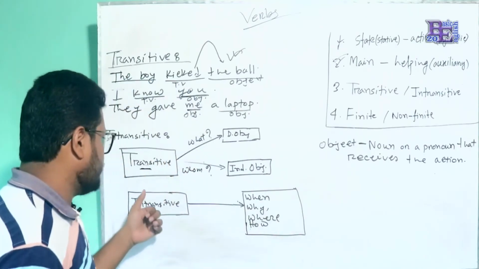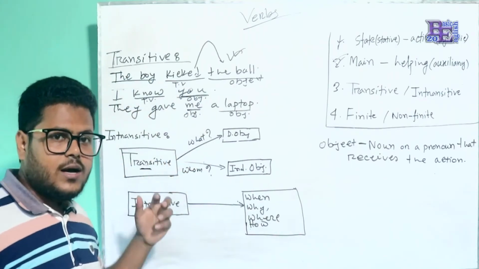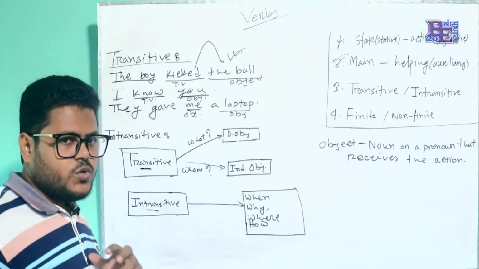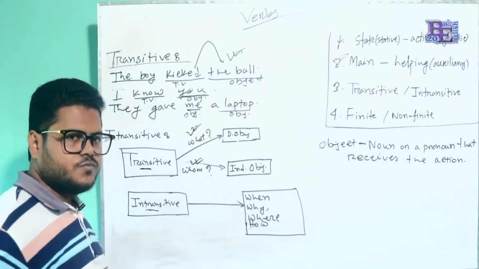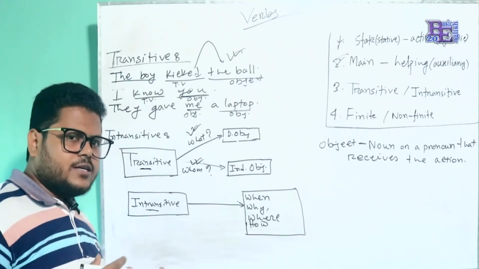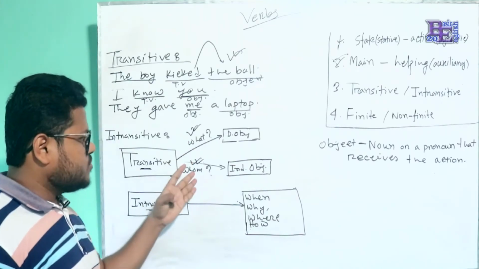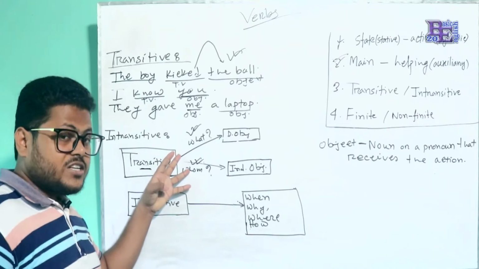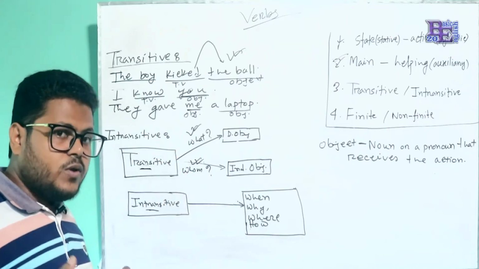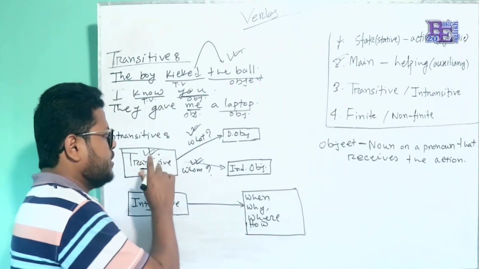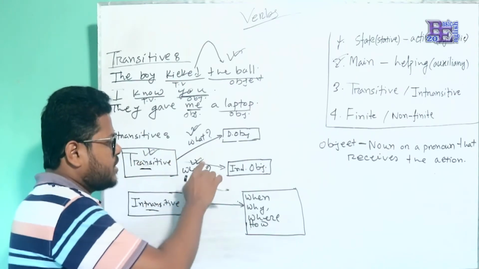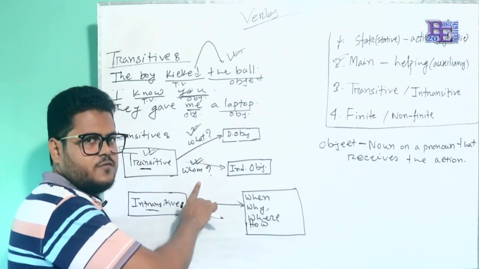Let's see the diagram. If you ask a question to a verb with what and whom, and you get the answer to these question words, then you can be 100% certain that the verb is a transitive verb.